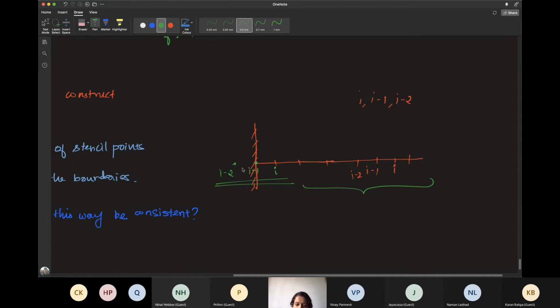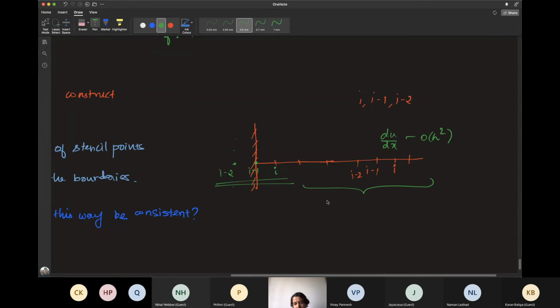You have to construct some ghost nodes, that is, on the outside of the boundary. You have to construct some nodes and try to evaluate the values for the solutions here, and then you can have a higher order scheme. That is, if you solve for du by dx with 3 points, then you will be getting order h squared accuracy, right?